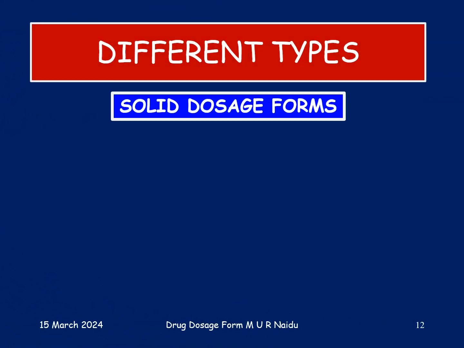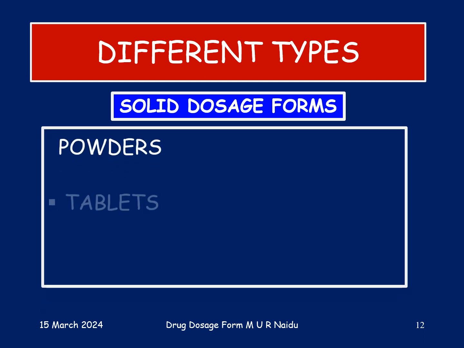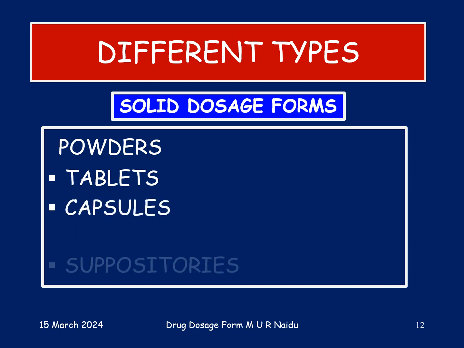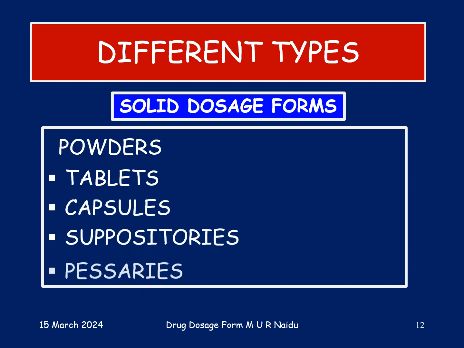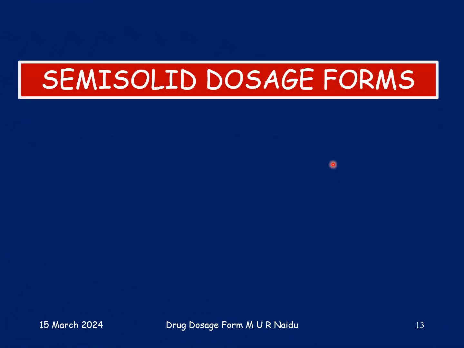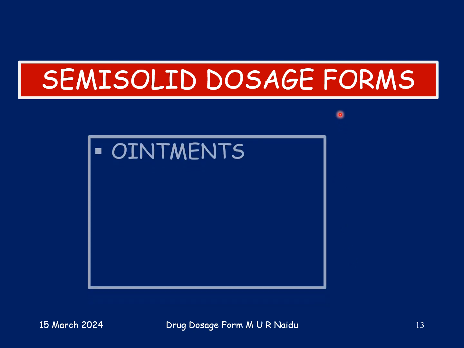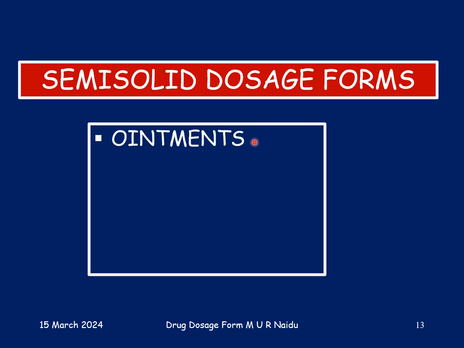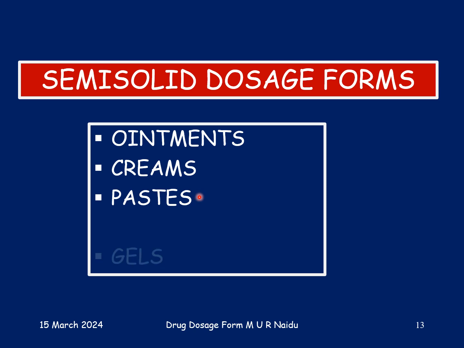Different types of solid dosage forms: powder, tablets, capsules, suppositories, and pessaries. Semi-solid dosage forms like ointment, cream, paste, gel, and jellies.